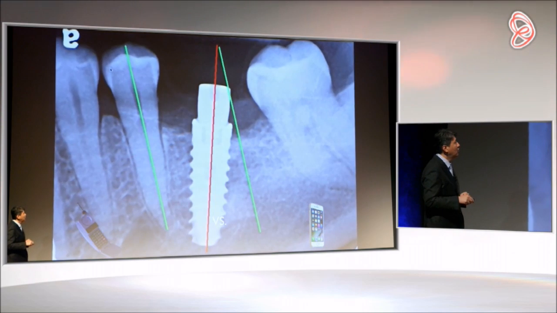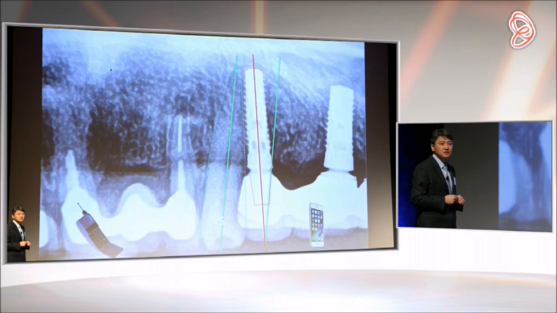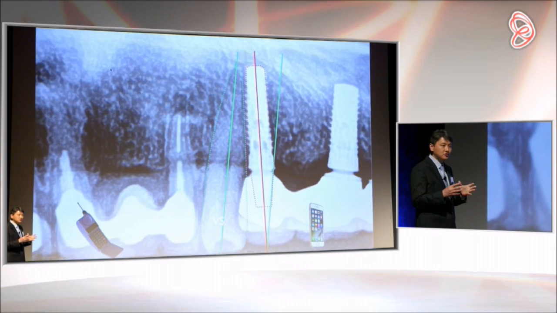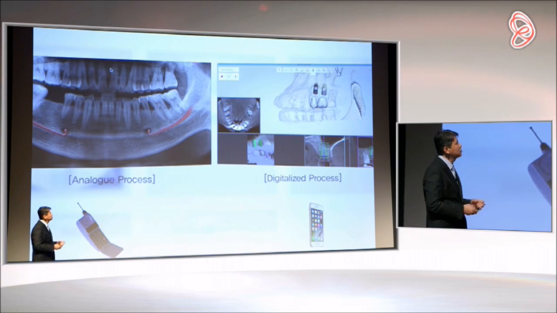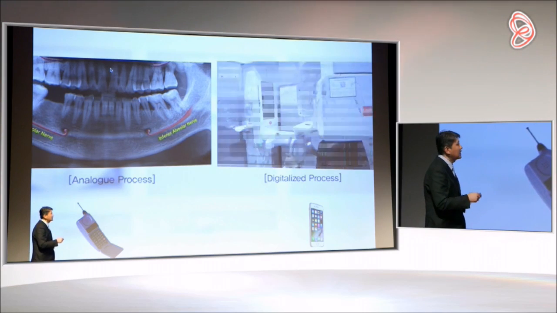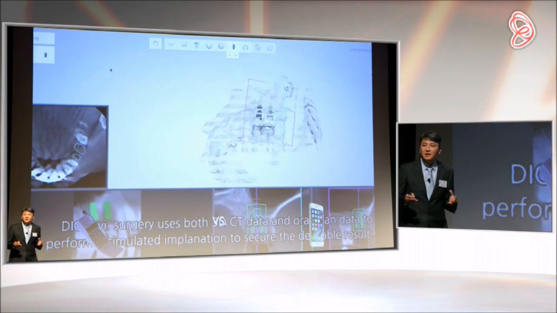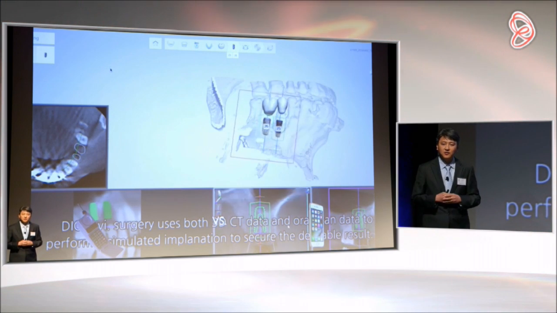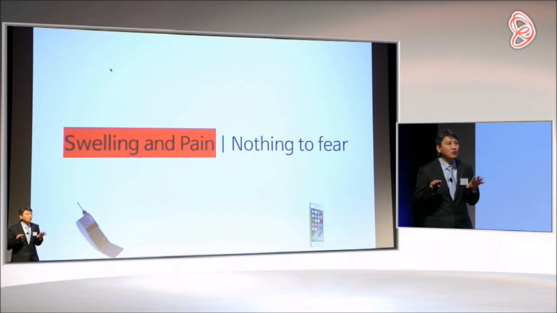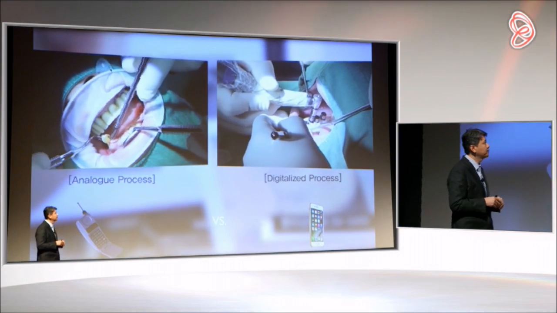Don't be fearful of wrong angulations, being too close to the root, or being too close to the nerve. With digital planning, we can avoid accidents to our patients. And I believe today, standard of care is to use computer-guided surgery.